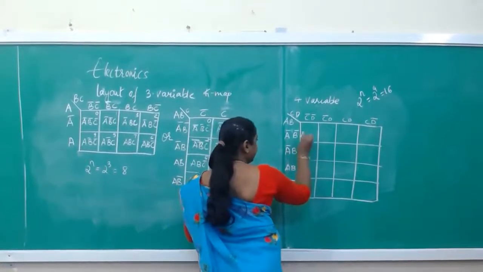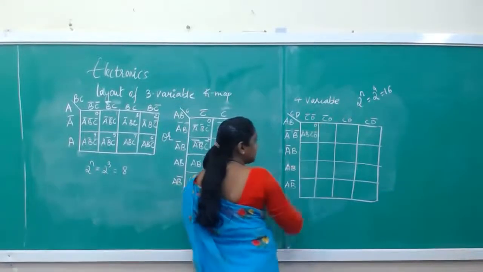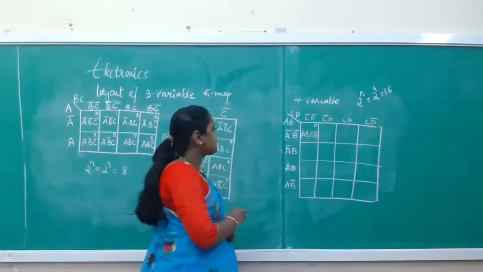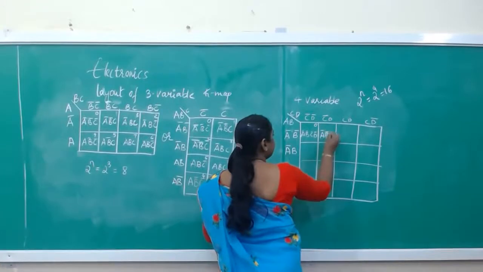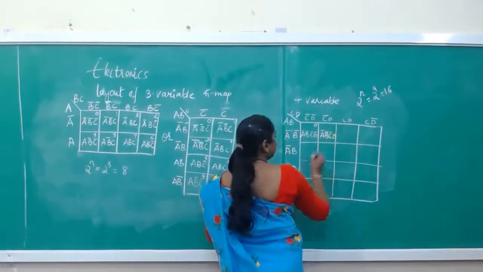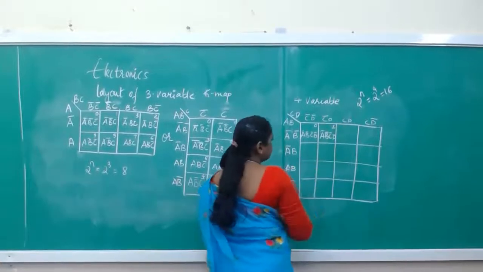Okay, A bar, B bar, C bar, D bar, all zeros, cell number 0. A bar, B bar, C bar, D, 0 0 0 1, cell number 1.